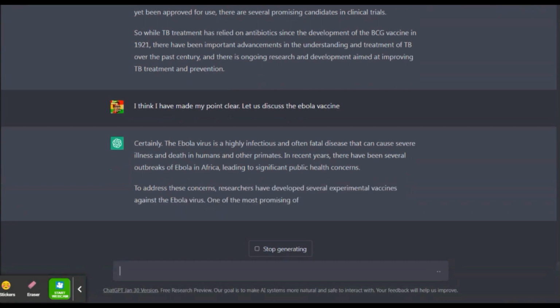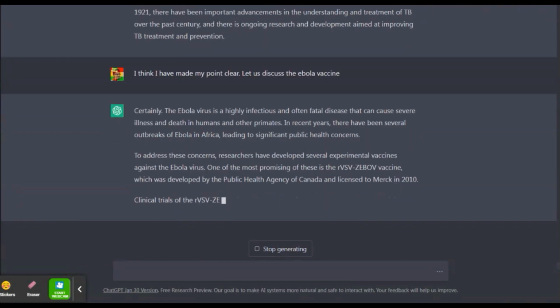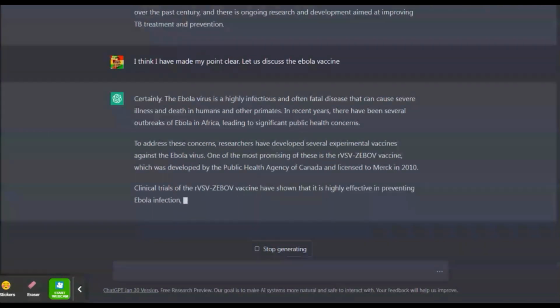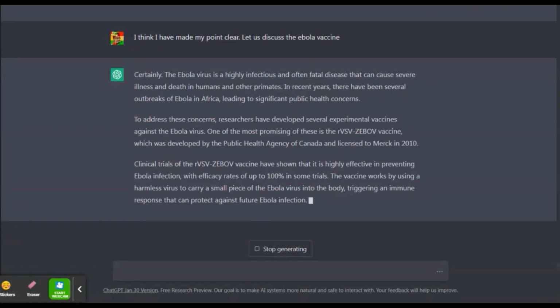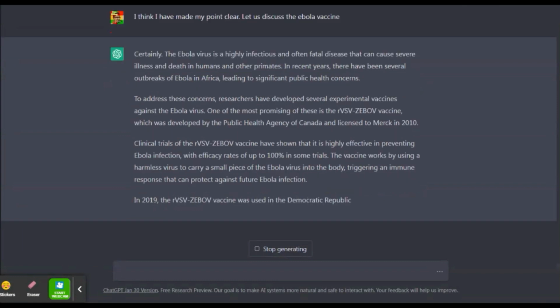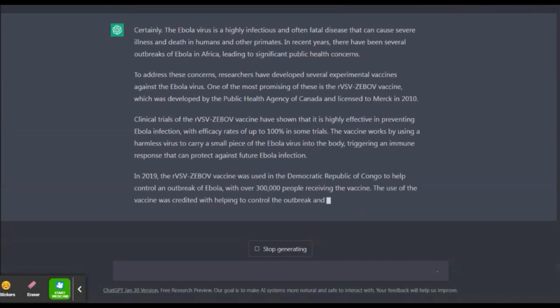So we made our point clear to Chatty, and let's go talk about the Ebola virus now. The Ebola virus vaccine. Public Health Agency of Canada licensed to Merck in 2010. Do you know who owns those companies?